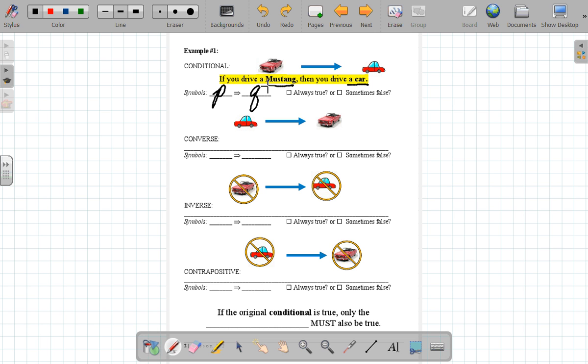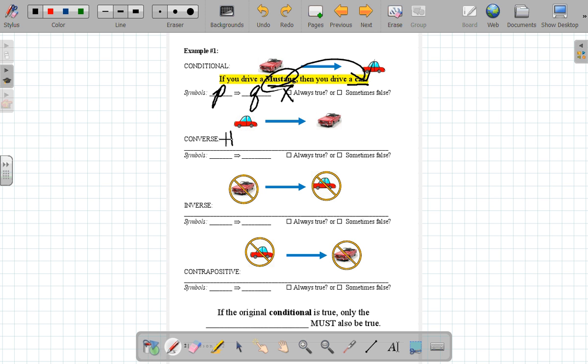Or is it sometimes false? Riding a Mustang, we are driving. This is always a true statement. Why? Because a Mustang is a type of car.